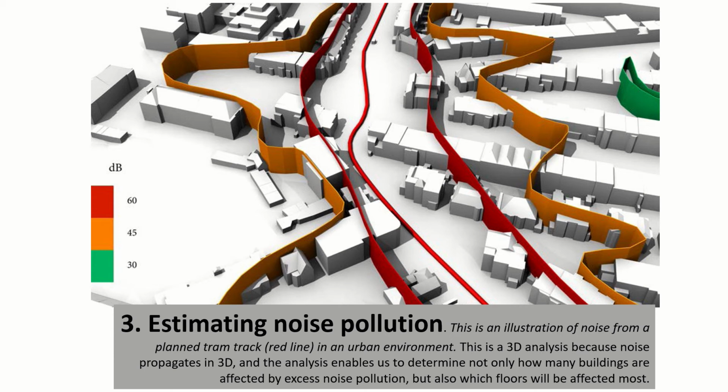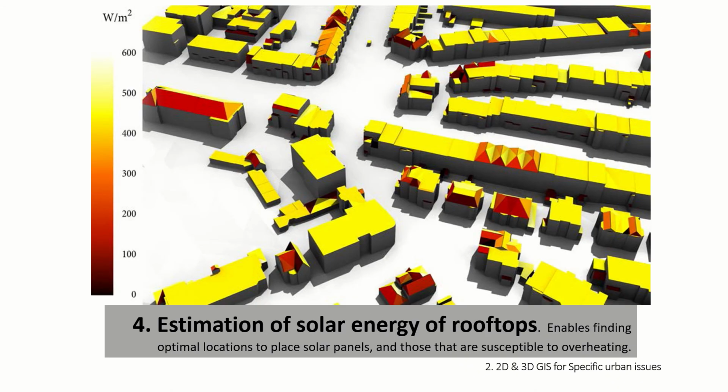Then, of course, we also use it for noise planning at city scale, to map out which areas are within the permissible level or not. We apply 3D GIS for that.